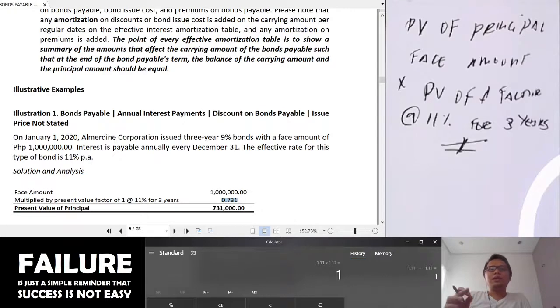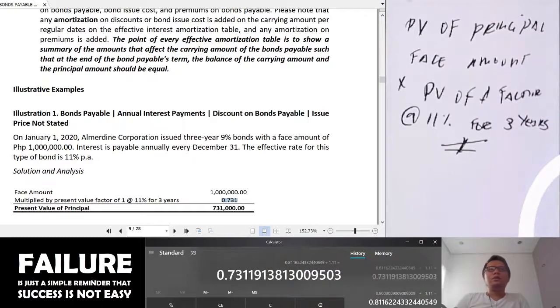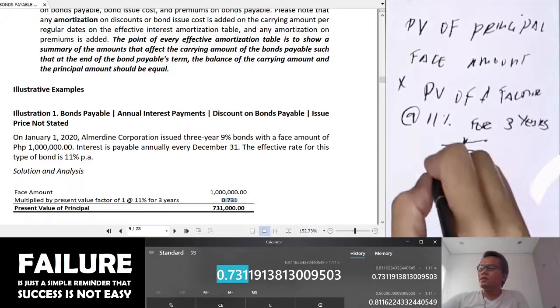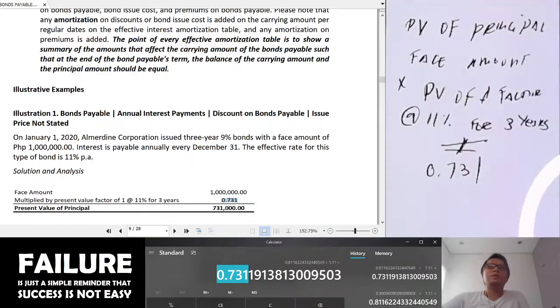We don't start counting here yet, because it is not yet a decimal. So, that is 1, 2, 3. So, the present value factor is 0.731.